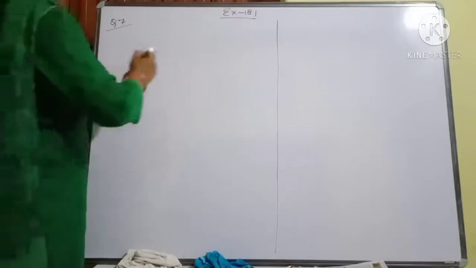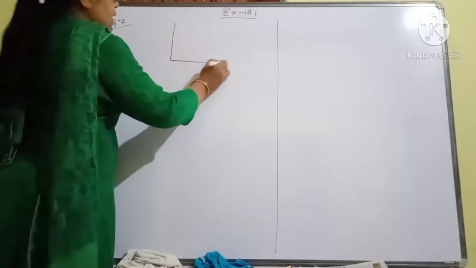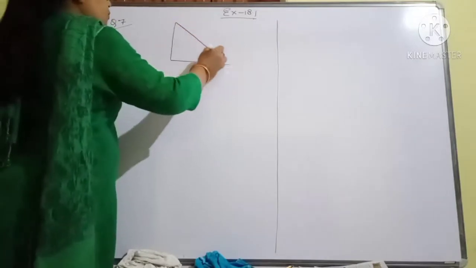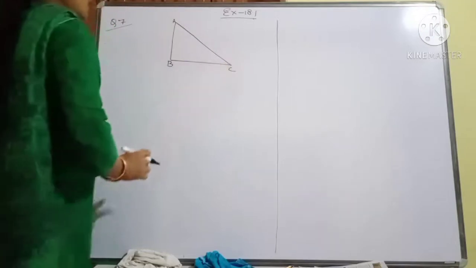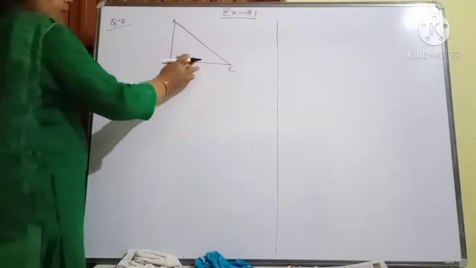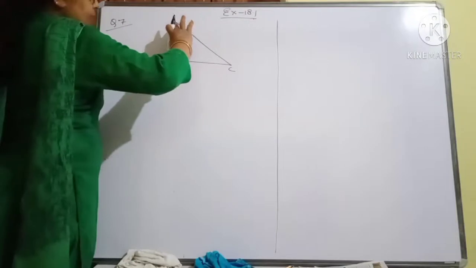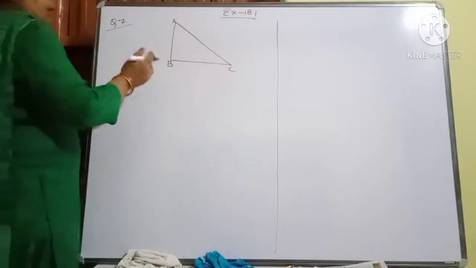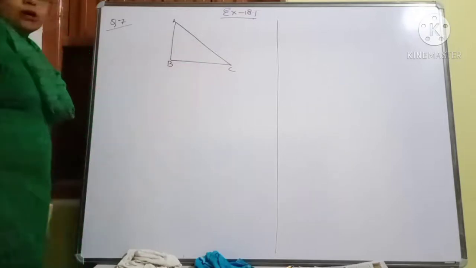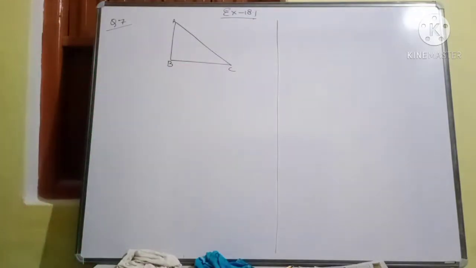Right angle means this one. Okay. A, B, C. It is a right angle triangle. Isosceles right angle triangle means AB and BC will be equal, because the hypotenuse cannot be equal to any other side. The hypotenuse is the longest side of the right angle triangle.